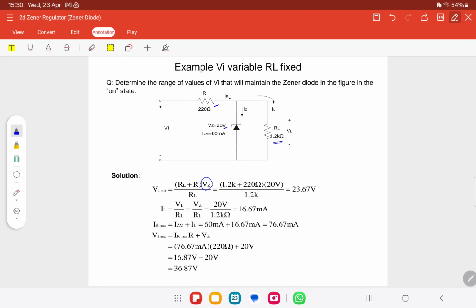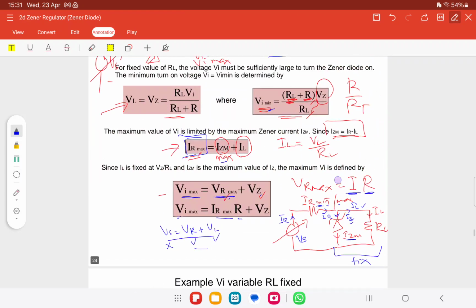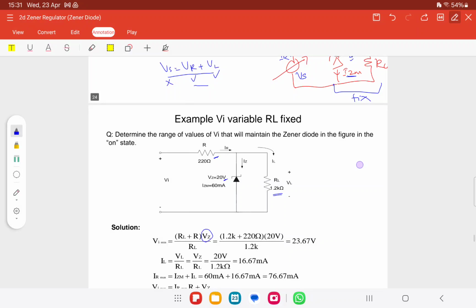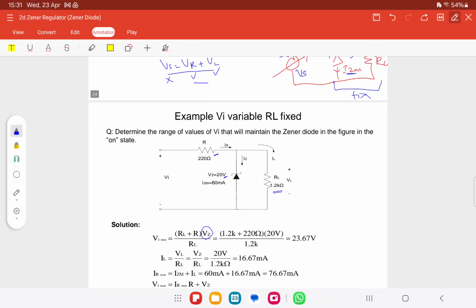Let's change the value. This one I have written, so we can take a look. Sometimes if I spontaneously change the value like this, I get nervous, in case I suddenly can't get the answer. For this one, let's change the value of R to 250, and VZ is 25.